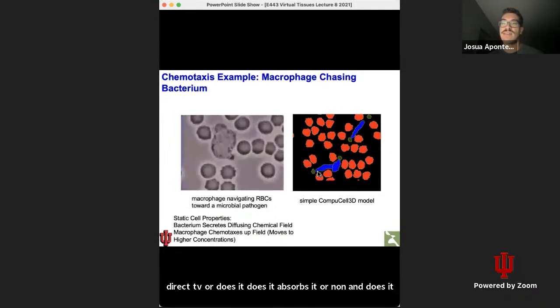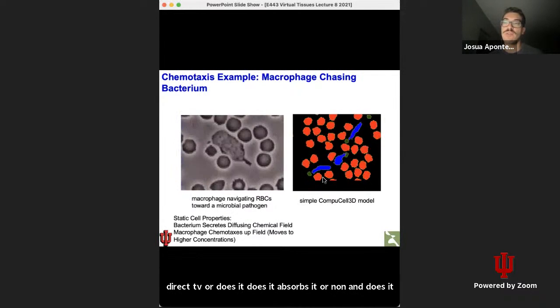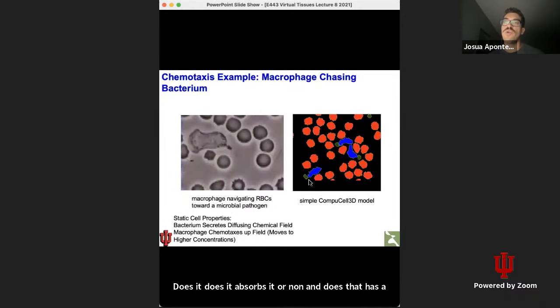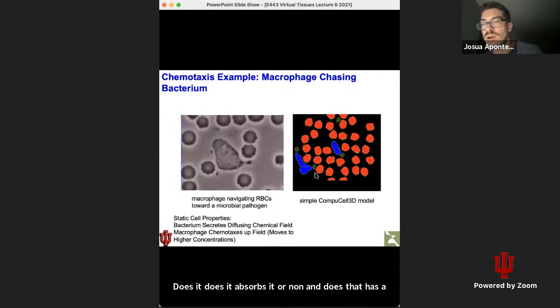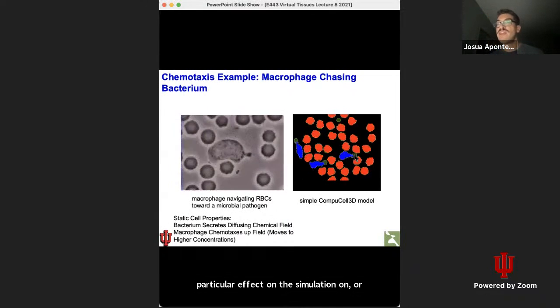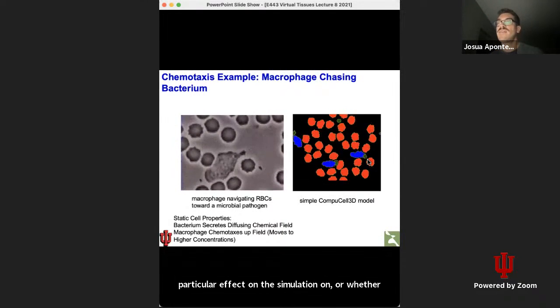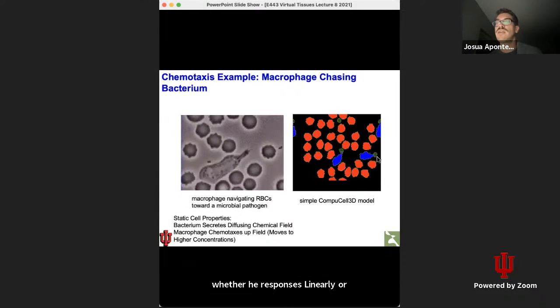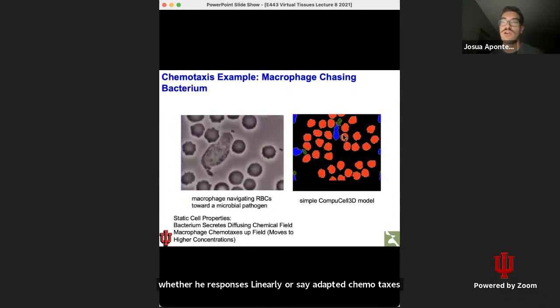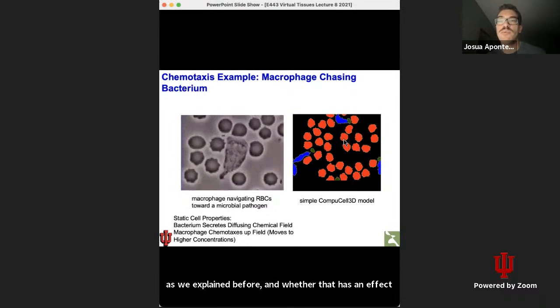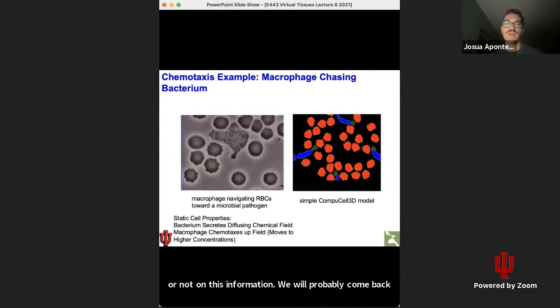And that has a particular effect on the simulation, or whether it responds linearly or as an adapted chemotaxis, as we explained before, and whether that has an effect or not on the simulation. We will probably come back to this at the beginning of next class.